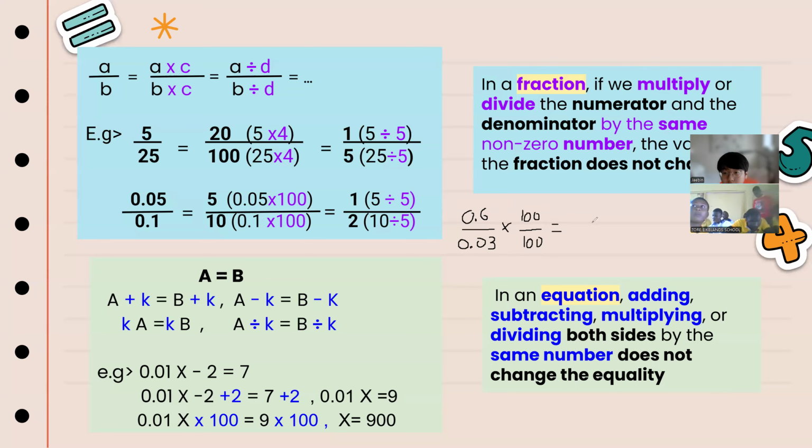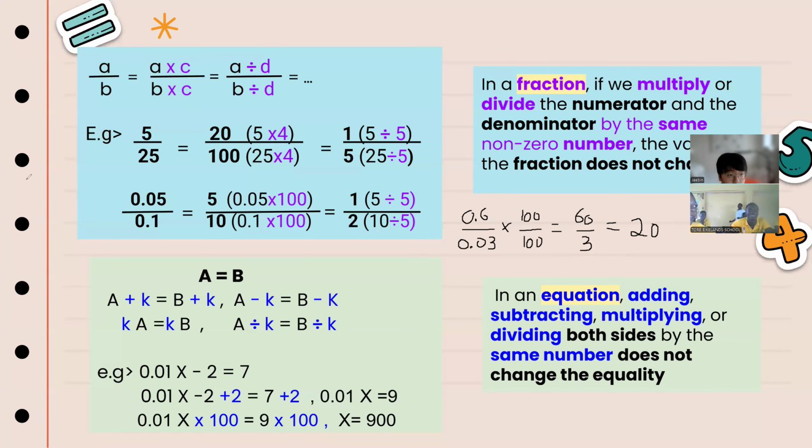This is 60 over 3, right? And what is 60 over 3? We get 20, right?